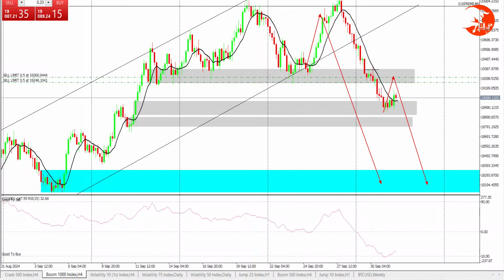Of course, we broke structure there. That means we are making a new lower high. So we are looking at the creation of a new lower high and then entering our sales properly to give us a new lower low, because it has finished making a new lower low.